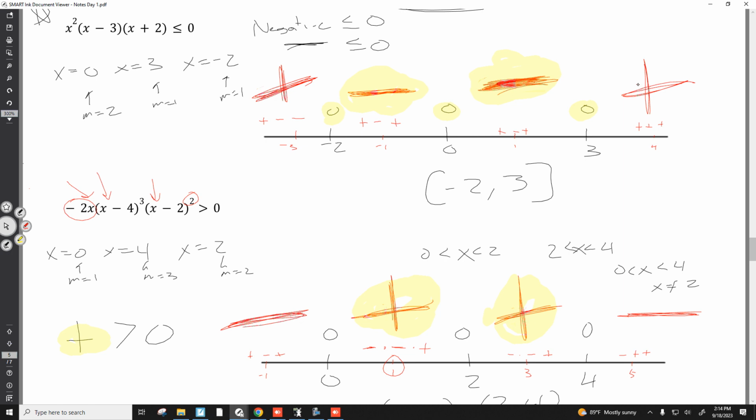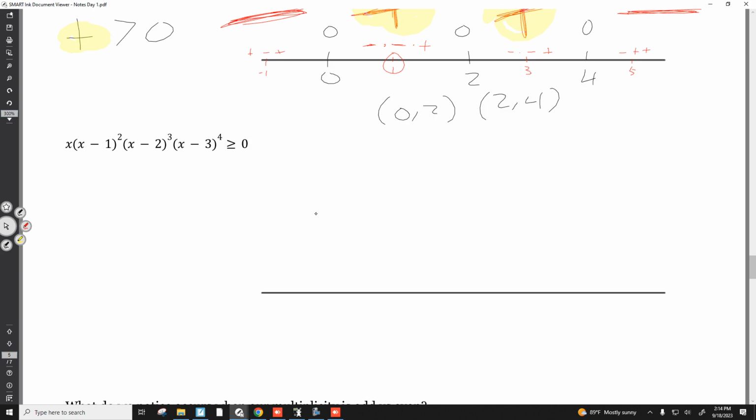The multiplicity of 3, though, well, that was my middle factor. My middle factor switched signs to the left and right of 4, the 0. So, multiplicity of 3, we do change signs. What do we notice? Odd multiplicity, sign change.